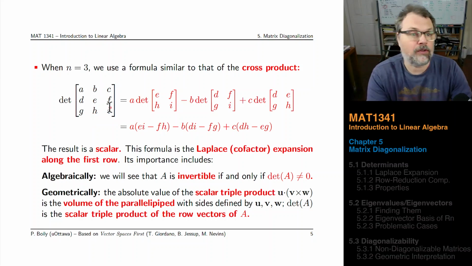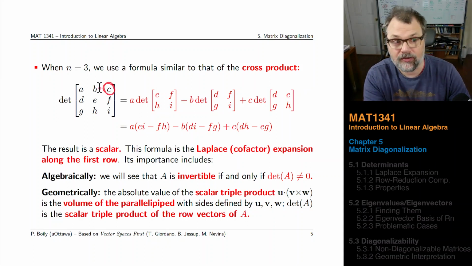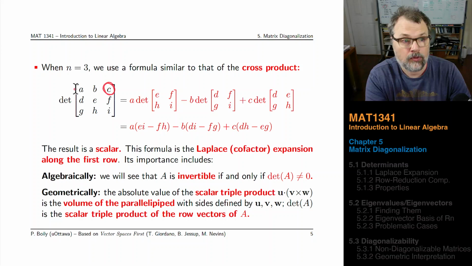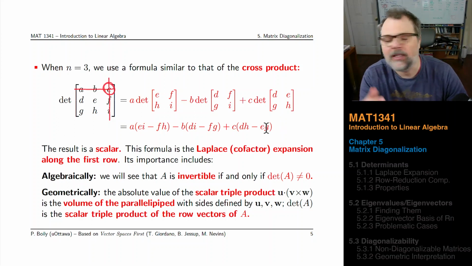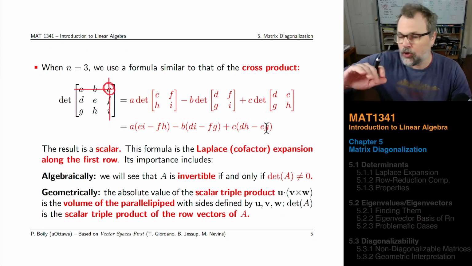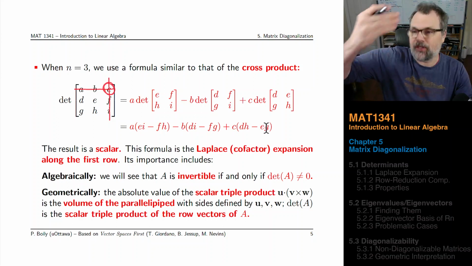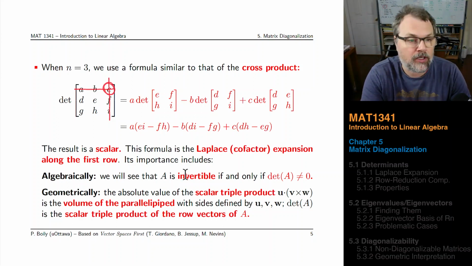You still have to find the third entry in the first row. You eliminate anything in the first row, third column. You're left with D, E, G, H. You multiply by this thing. Now we know how to compute the determinants of 2 by 2 matrices, and this is why the formula is recursive. We use what we know at the previous step to complete the computation.